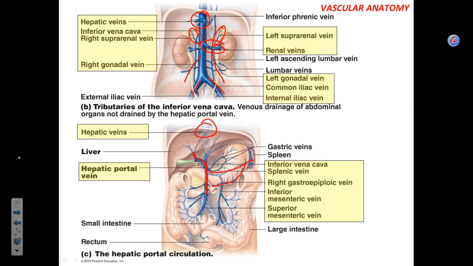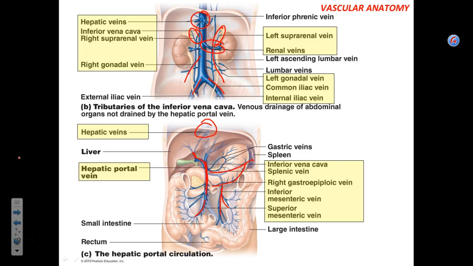And then you have mesenteric veins, the inferior one and the superior one. So this may look a little bit counterintuitive. If you think about it, what is the order of the colonic parts? So you go cecum, then you have ascending, transverse, descending, sigmoid.